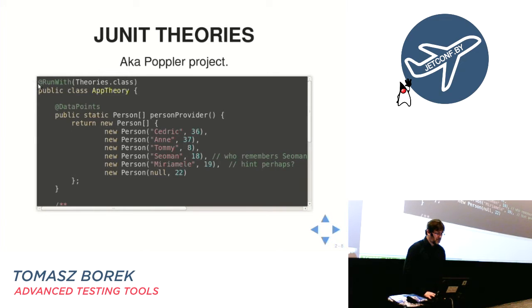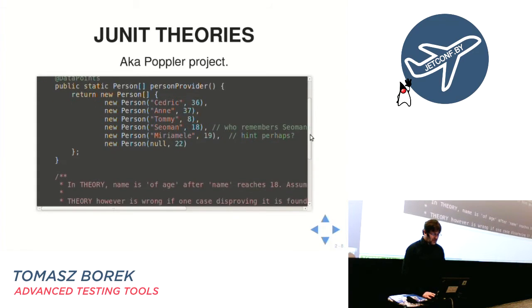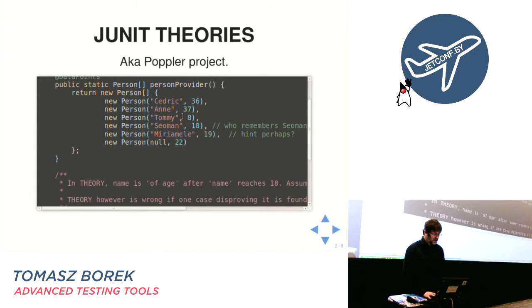So in order to be able to run theories, you have a runner. Then you need to have a DataPoint annotated field or a method which is public, static, and returns an array of objects.